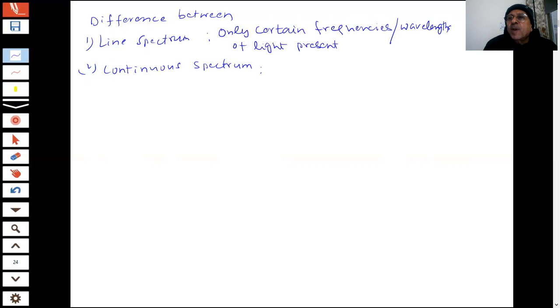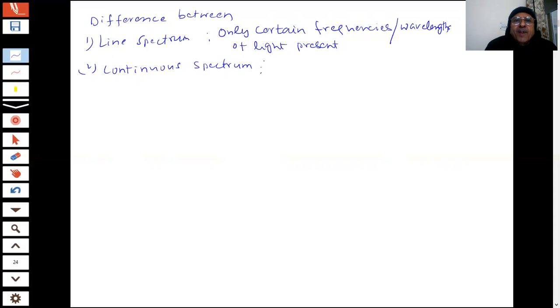I have told about the visible part, but other parts of hydrogen were also studied by other scientists, ultraviolet and infrared. Emission of lines also takes place in the infrared and ultraviolet regions.